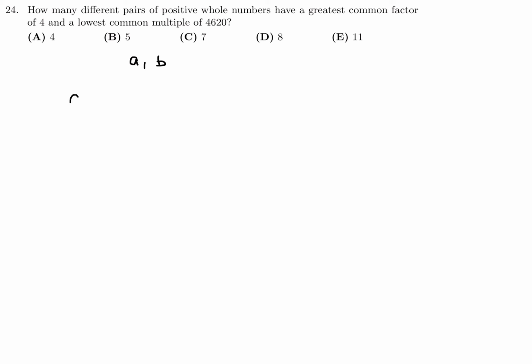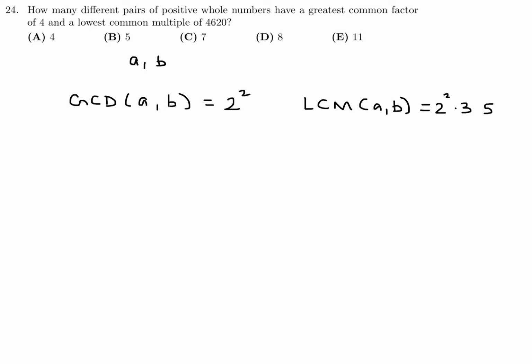So that means I've got to find a GCD of A and B to be 4, which is 2 squared. I always want to put it in prime factor. And then I've got to find LCM of A and B. I've got to ensure that it's 4620. But 4620 is 2 to the power of 2 times 3 to the power of 1 times 5 times 7 times 11.